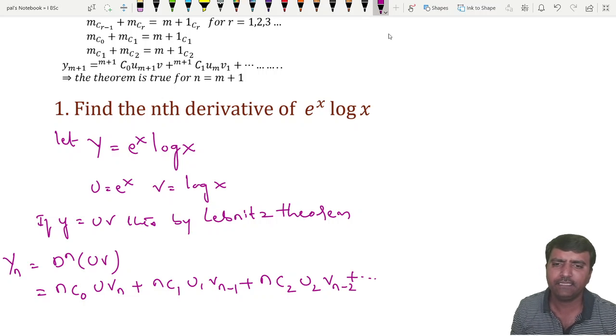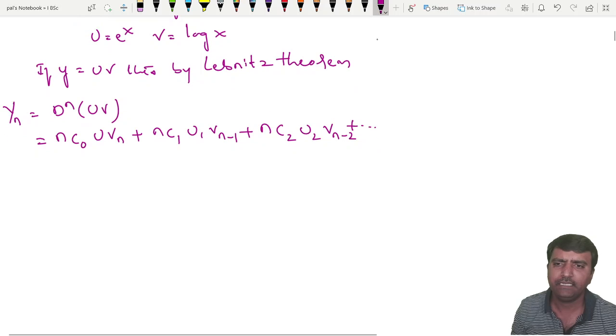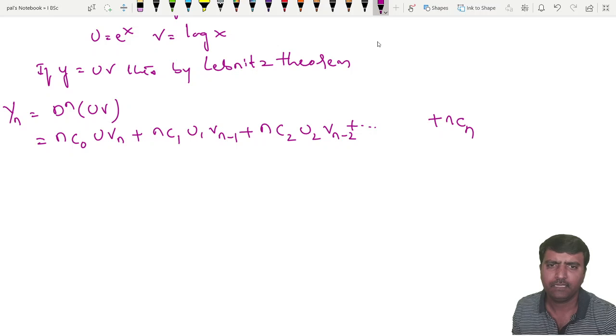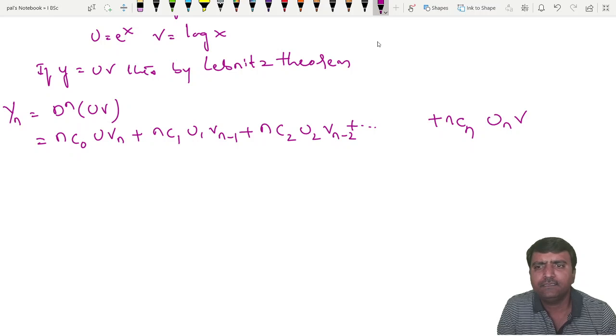It continues like that, and in the last step we have plus ncn into un v. This is by using the Leibniz theorem.